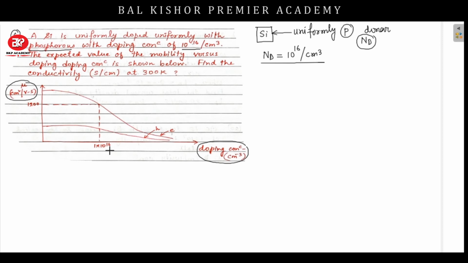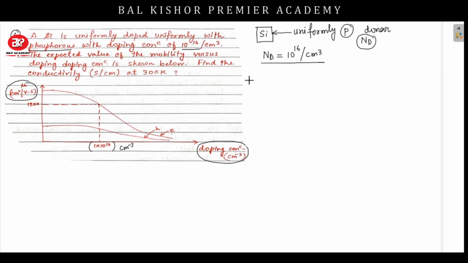And when the concentration of the doping is 1 into 10 to the power 16 per सेंटीमीटर क्यूब, तब इलेक्ट्रॉन की मोबिलिटी है 1200 centimeter square per volt second.